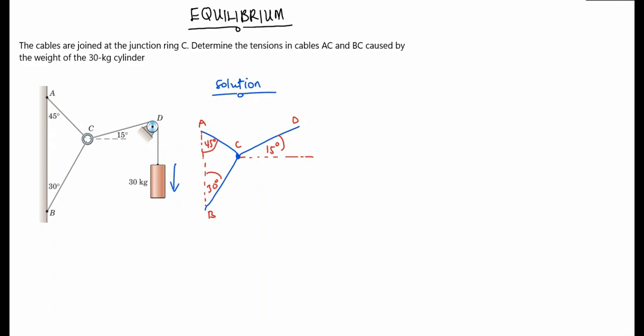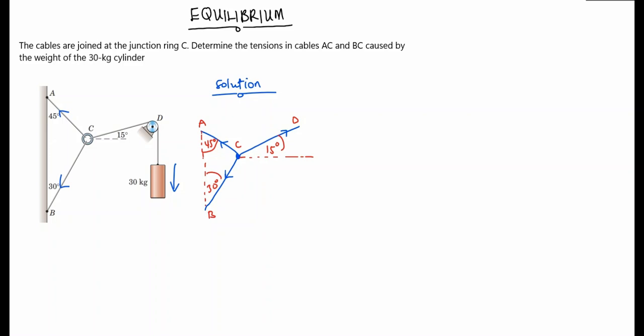Since the weight is pulling down, they are going to pull in this direction just to keep the system in equilibrium. So we are going to have the tension in the cable CD in this direction, that of BC in this direction, and that of AC in this direction. This is what you are going to have.